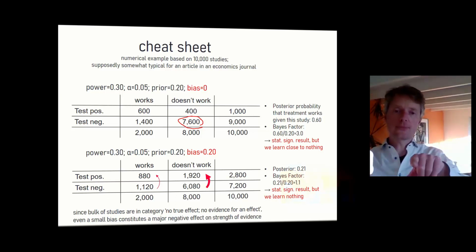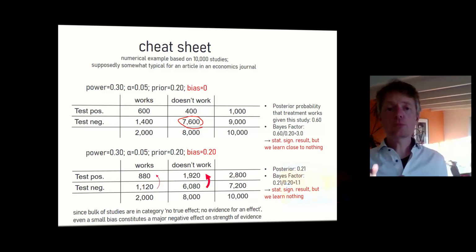Then there's going to be a shift from statistically insignificant findings to significant findings. Now this shift is most pronounced for the studies that are conducted for treatments that do not work, because the bulk of the studies are in a category where the treatment doesn't work and I do not find evidence of an effect.